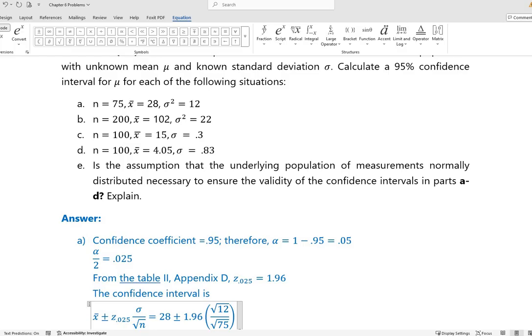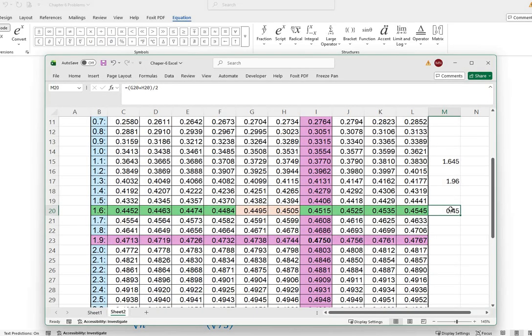So now we have 28 plus or minus 1.96 times the square root of 12 over the square root of 75. Let's do this in Excel.